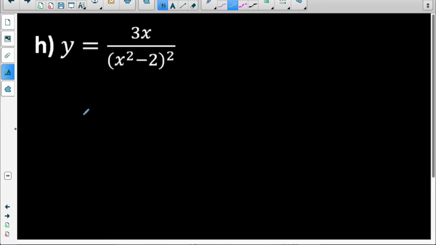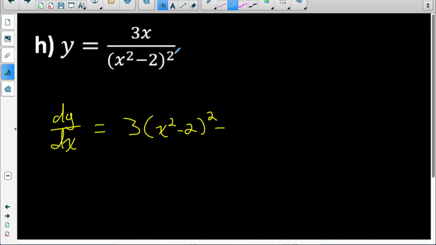So last derivative example. This time let's use Leibniz notation. Instead of using y prime, I'll use dy over dx. It means the same thing. It means the difference in y with respect to the difference in x equals derivative of top, 3, times the bottom, x squared minus 2 squared, minus the derivative of the bottom function, which I'm actually going to need chain rule for, right?